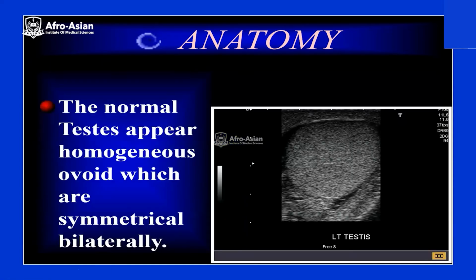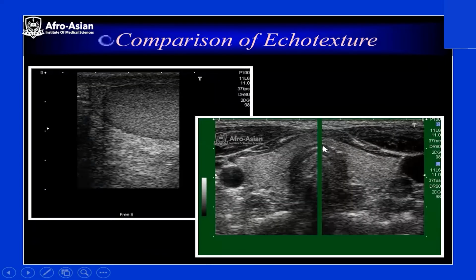The normal testicles appear homogeneous, wide, which are symmetrical bilaterally. They are homogeneously ovoid in shape. When we compare its echogenicity with the thyroid, thyroid is relatively hyperechoic.